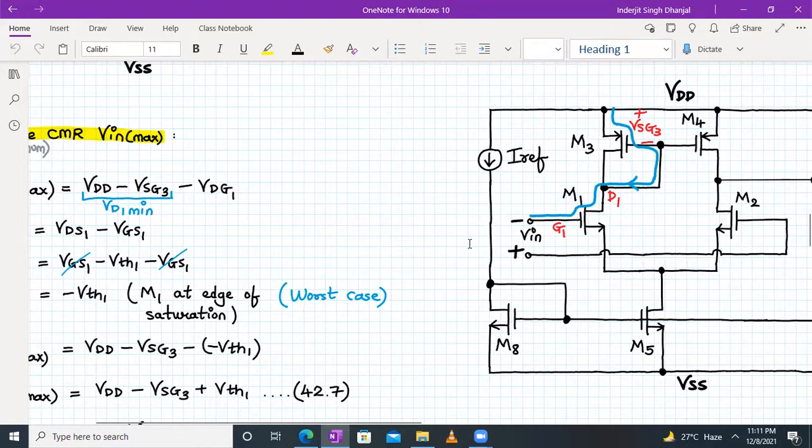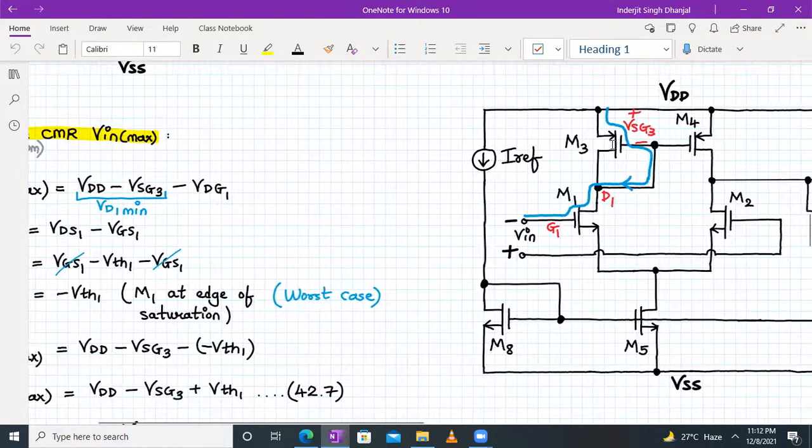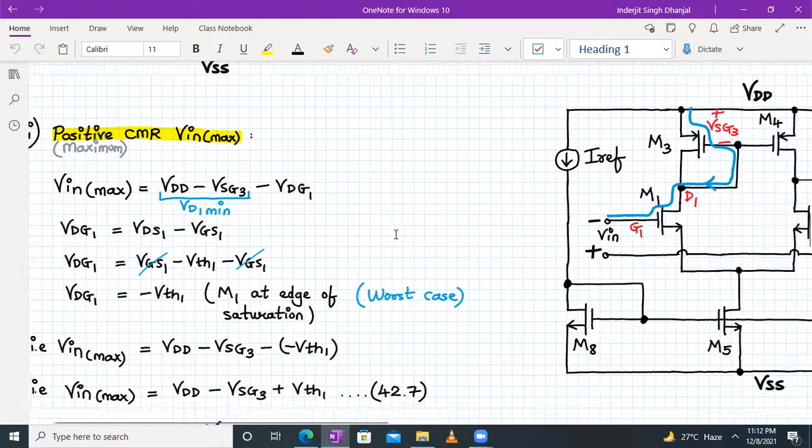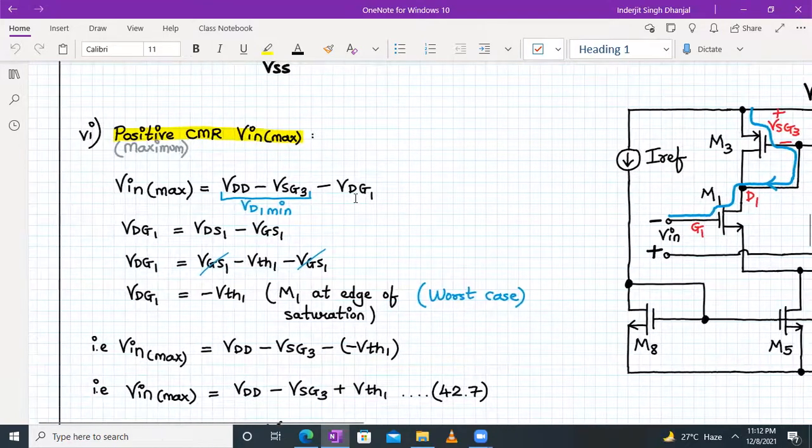Again I repeat, VDD minus VSG3 minus VDG1. VDD minus VSG3 is nothing but VD1 minimum, and VDG1 is basically VDS minus VGS.